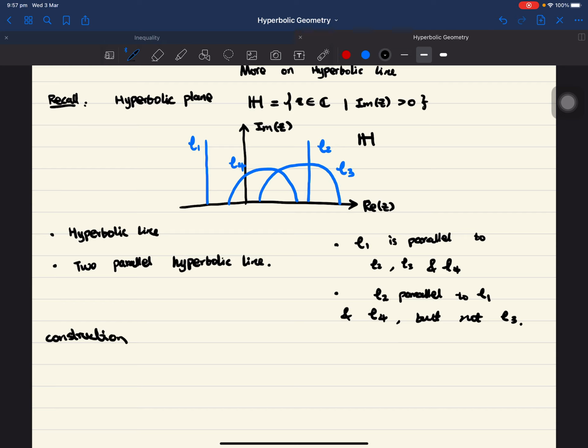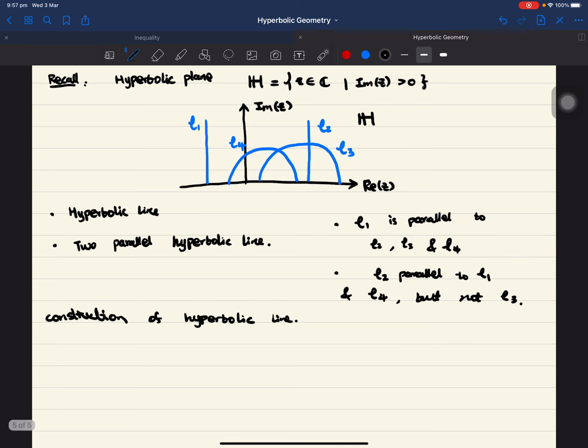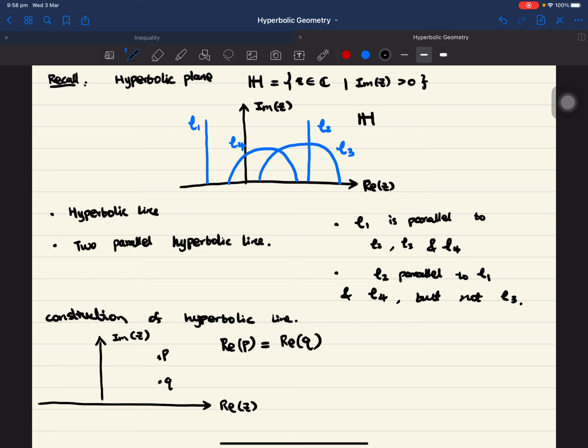Construction of a hyperbolic line: if given two points P and Q on the hyperbolic plane, and the real part of P is equal to the real part of Q, then that would be easy.